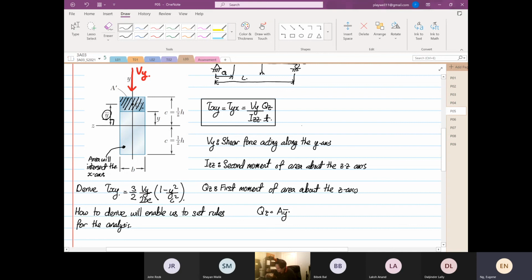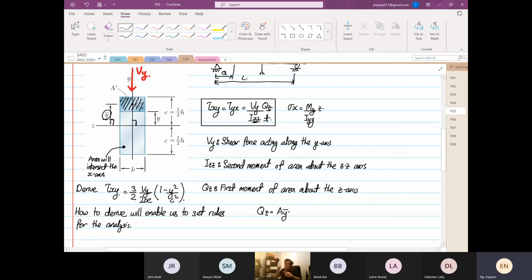In moment, if it's stress X, this is equal to My divided by Iyy multiplied by Z. Yes or no? For shear, it's different. Okay. If it's Vy, the axis of interest is 90 degrees to Vy, which is your Izz, multiplied by Qz divided by t. So if it's over Izz, you have to multiply the top in Z.